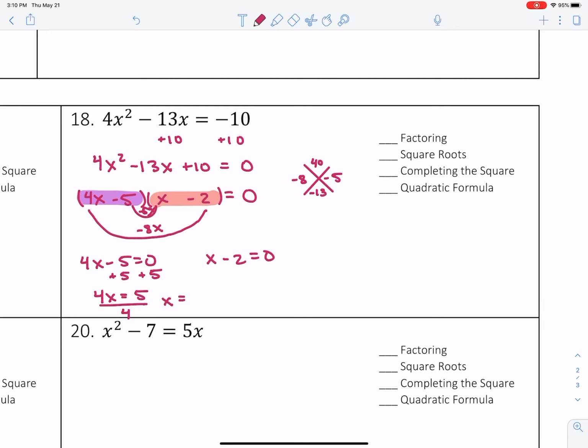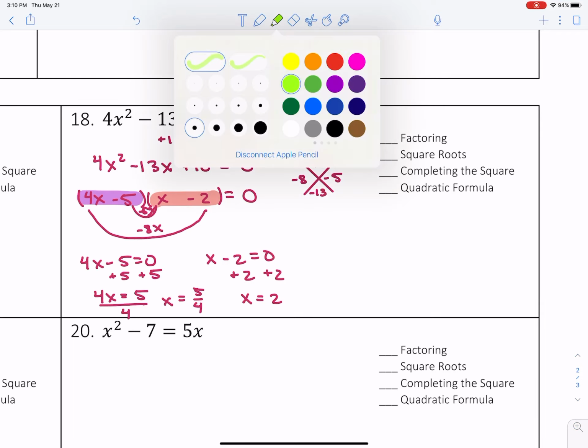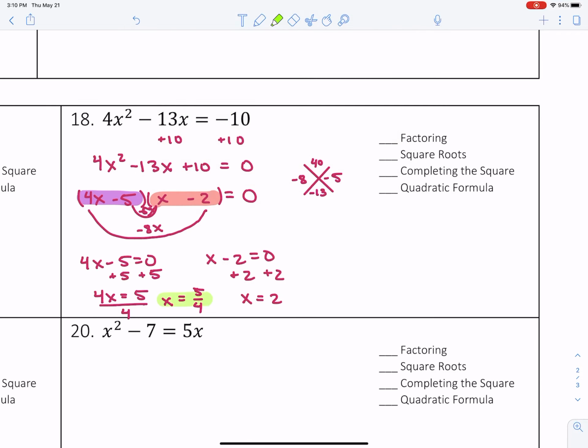So x is equal to 5 over 4, add 2, x is equal to 2, and these are my two answers. Back to green, we have x is equal to 5 over 4, and x is equal to 2.